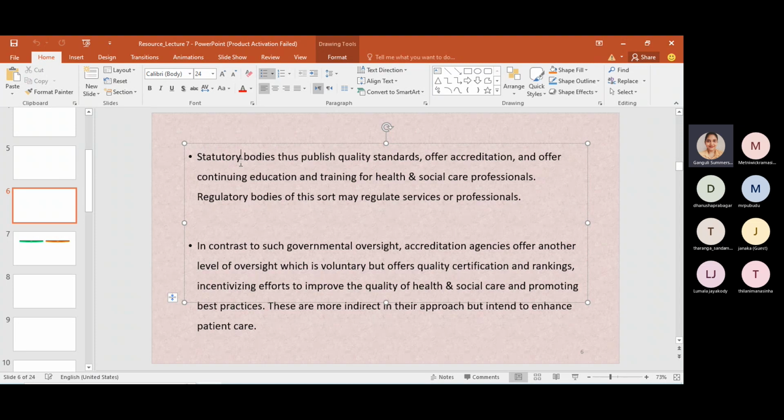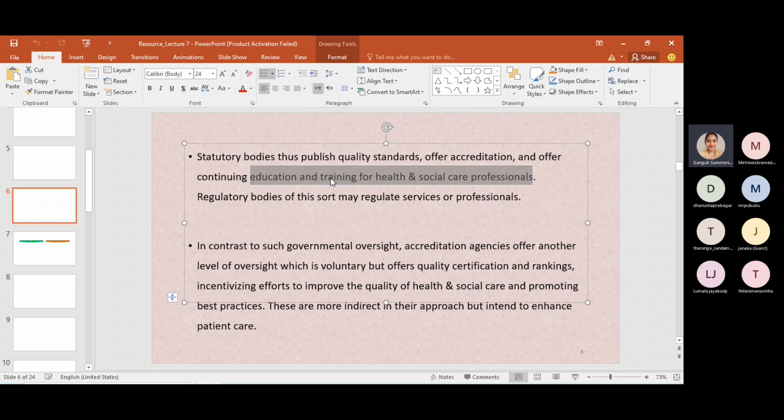Now what do statutory bodies do? Statutory bodies publish quality standards, offer accreditation, and offer continuing education and training for health and social care professionals. So they publish quality standards, they offer accreditation, and they offer education and training programs for health and social care professionals.